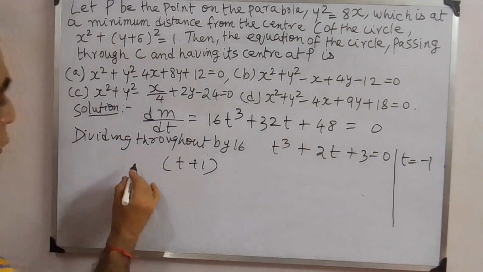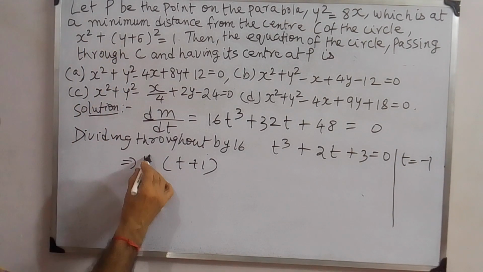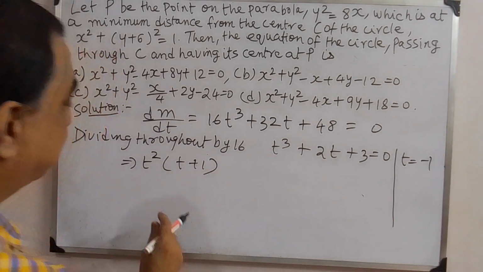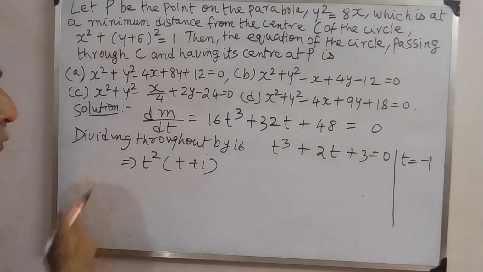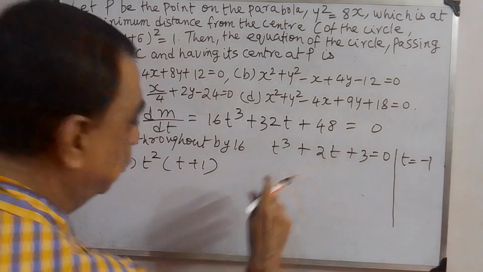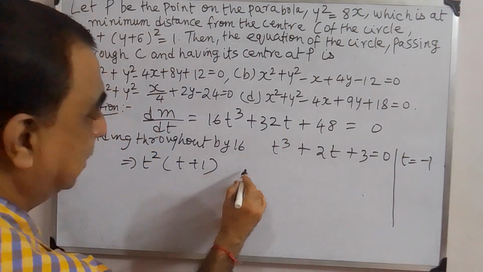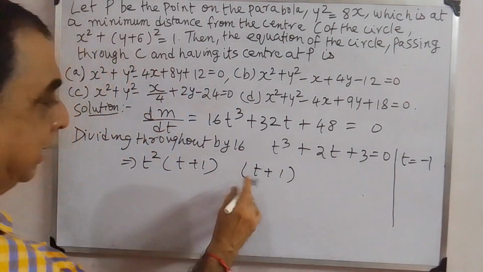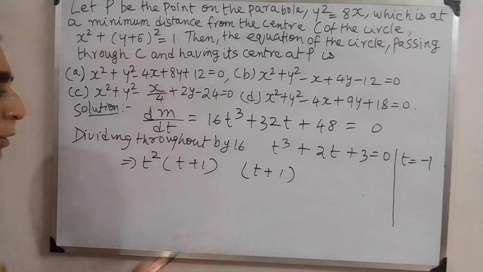So here it is t cube. I will multiply with t squared. So t squared into t is t cube. So t squared into 1 is t squared, but there is no t squared, so here it is plus t squared. So I have to remove it; here also we will put the same t plus 1.